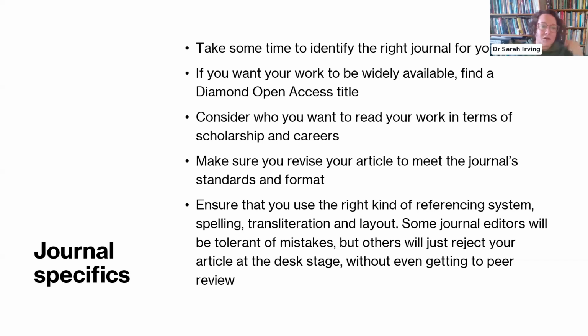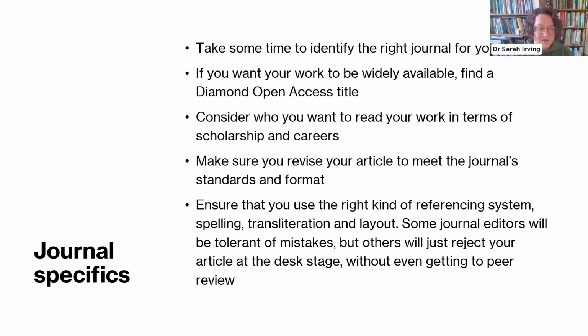Open access comes under different headings, and if you go to traditional journals, what are known as gold open access or green open access, then you have to pay what is, quite frankly, in many cases, ridiculous amounts of money to publish your article open access.